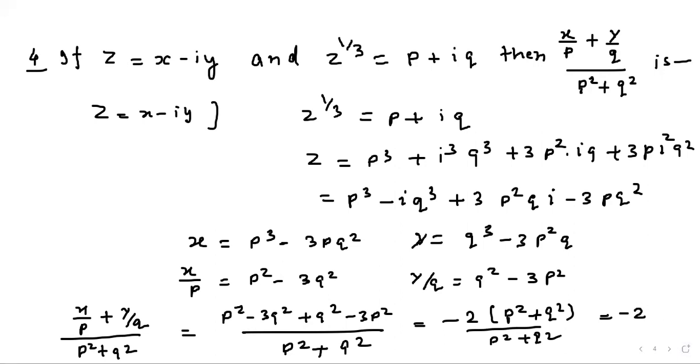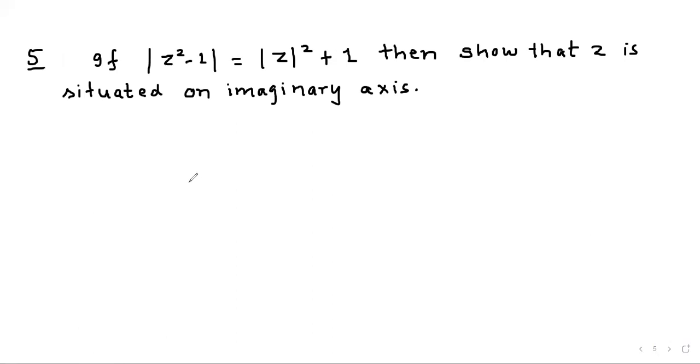Consider question number 5. Question number 5 says if modulus z square minus 1 equals modulus z square plus 1, then show that z is situated on the imaginary axis. Let's consider its solution. We know that z equals x plus iota y.